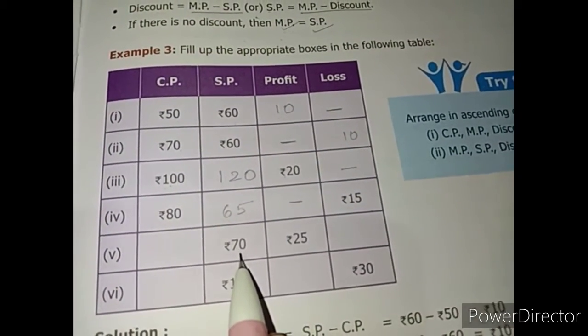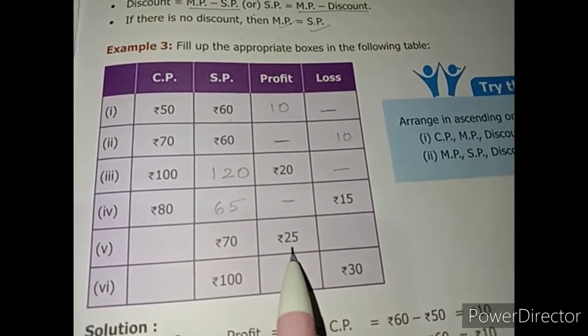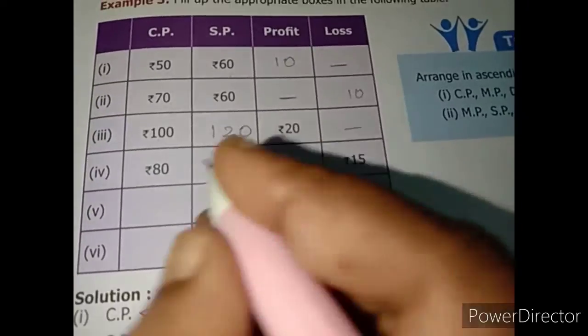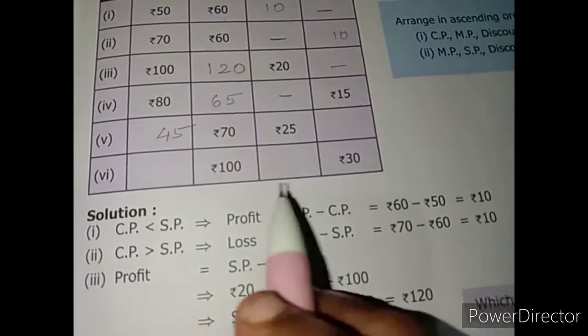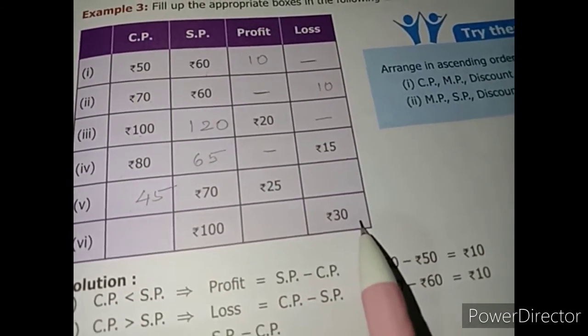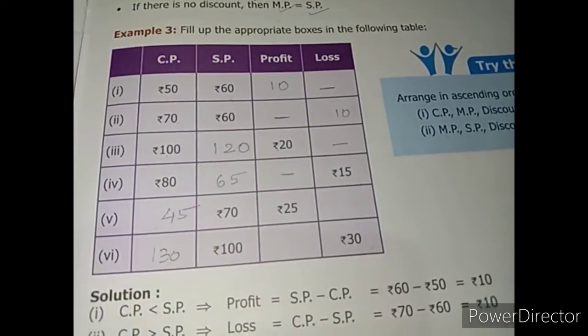If it is sold for 70 rupees, the profit is 25. So what is the cost price? So CP is 45 rupees. Once again, selling price is 100 rupees, loss is 30. So the cost price is 130 rupees.